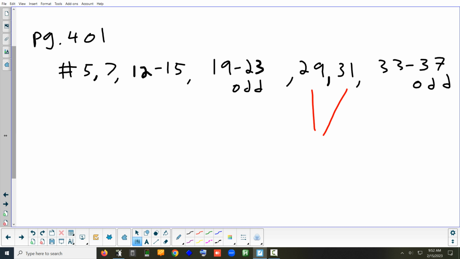These do not say to find all solutions. They only say to find the answers from 0 to 2 pi, which means you set your window from 0 to 2 pi. You write down every number you can see in the window and you stop. You do not have to put plus 2 pi n because the directions don't say all. So that's actually a little easier than what we did.